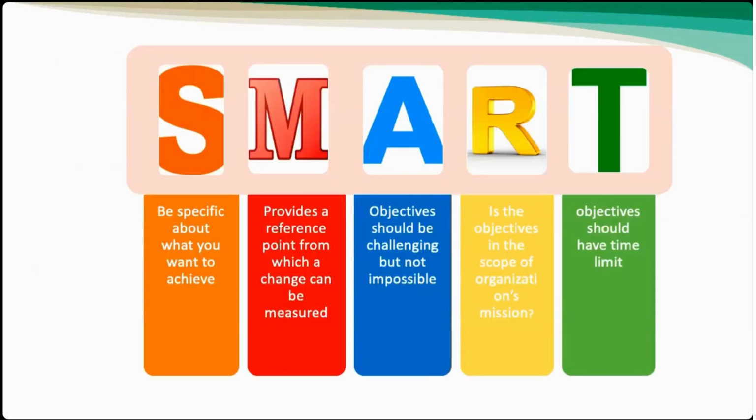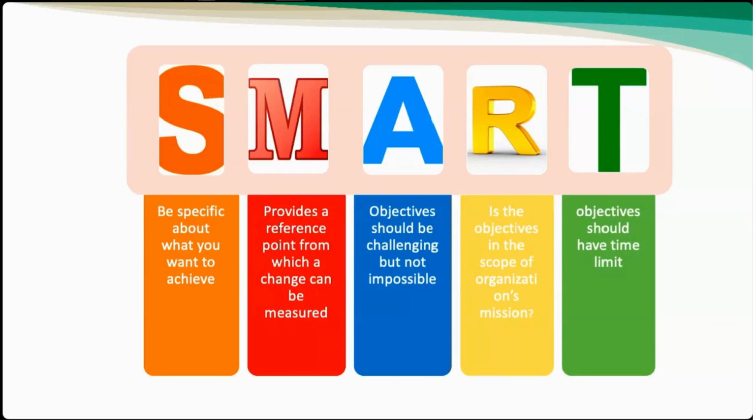So we should be specific about what we want to achieve. Specify your objective, and provide a reference point from which a change can be measured. It should be measurable and achievable.